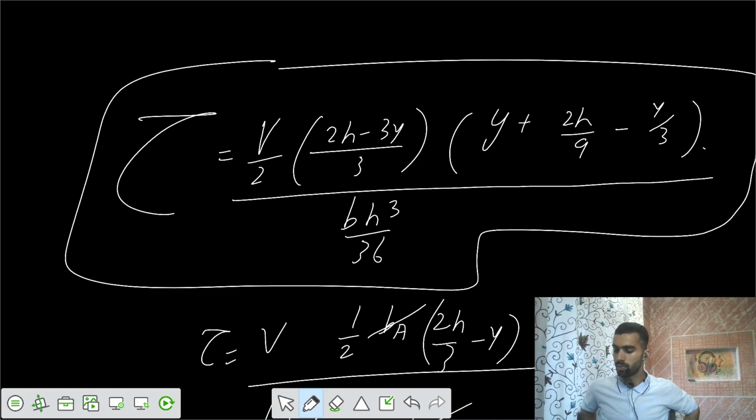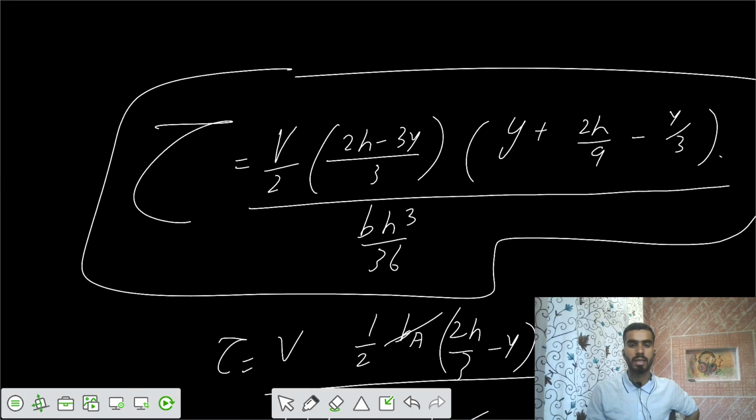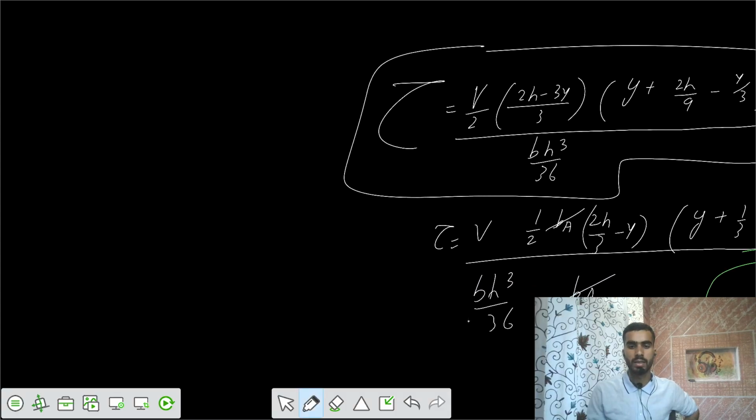Now what can we do? Let's simplify it further. 36/2, that's 18. 36/6, that's 6. So 6V into 2h minus 3y, and we got 3y minus y over 3, that's 3y minus y, that's 2y/3.